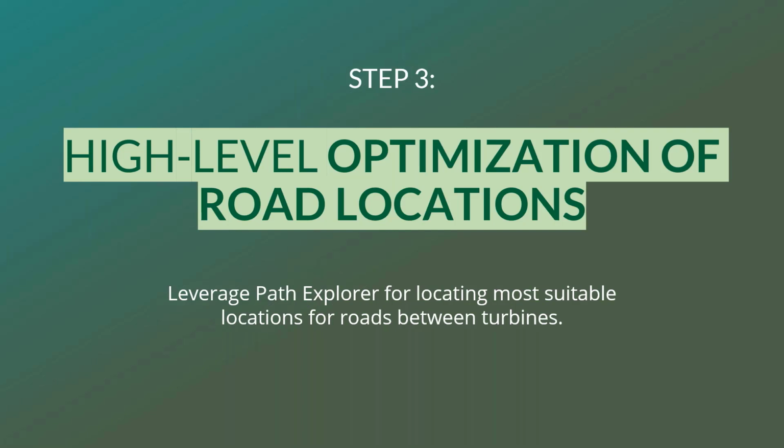It's probably our most exciting new feature coming in version 11, and the reason why we're playing in beta software today. So we're going to leverage this to help us determine the most suitable locations for these roads between the turbines. We're going to do it initially without constraints, and then we're going to constrain it a little bit to be more indicative of the conditions of our project. And with that, I will pass it back to Matt.